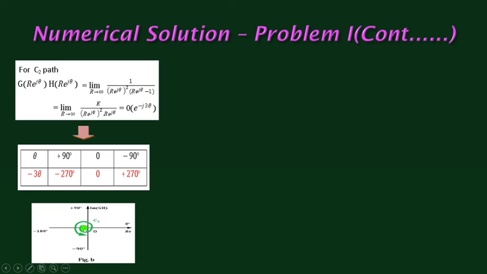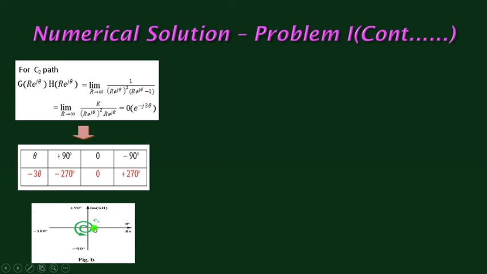Then draw the C2 path in the G(s)H(s) plane. This starting point is minus 270 and the magnitude is 0. Then minus 270 to 0, then plus 270.